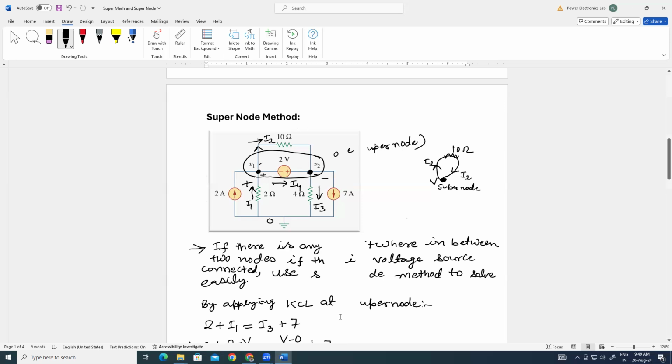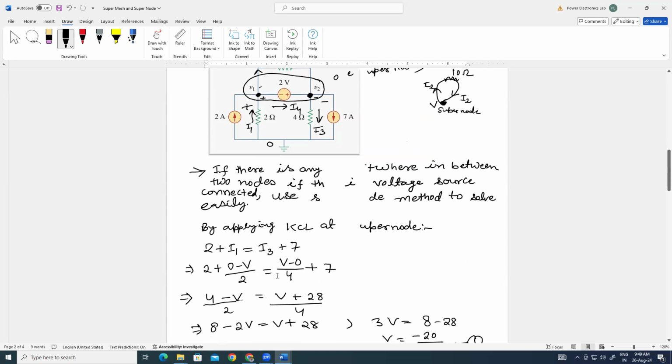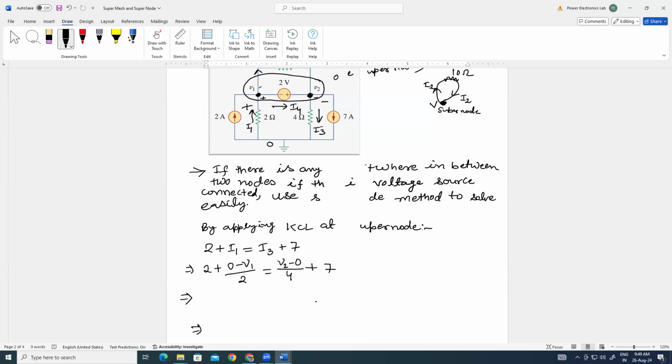So by applying KCL, in place of V we will put V1 and V2. Okay, minus V1, this will be V2, V2 minus 0 over 4. So it will come in terms of V1 and V2. The mistake happened here, because the equation must come in terms of V1 and V2, then only we can solve for the values of V1 and V2.